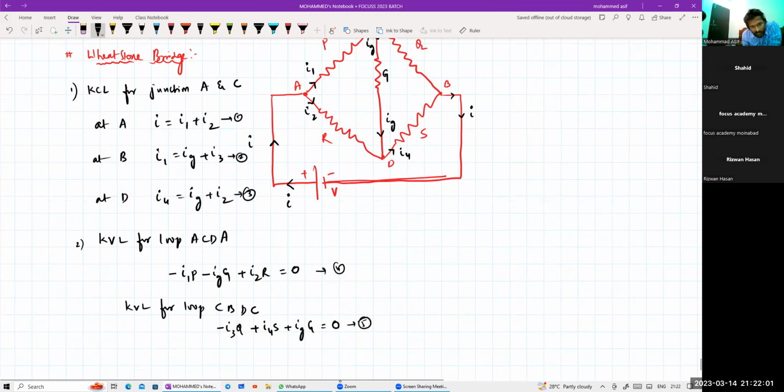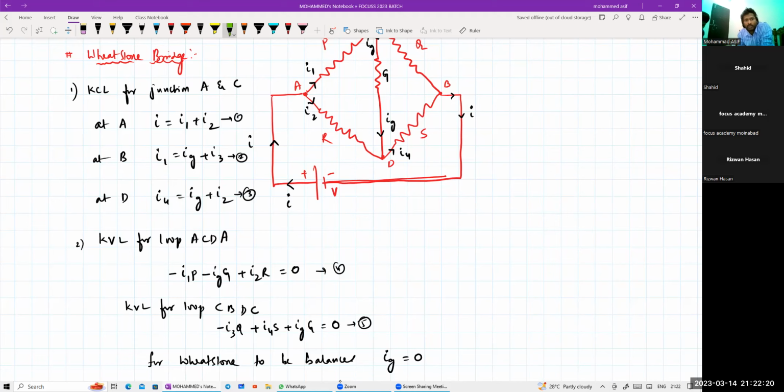For the Wheatstone bridge to be balanced, current through galvanometer must be equal to 0. If current through galvanometer is 0, then from equation 2 what will happen?